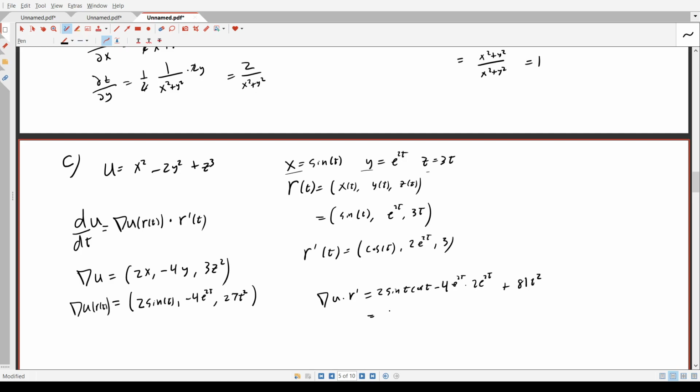So I simplify, this is sine of 2t minus 8e to the 4t, because they're multiplied so I add the exponents, plus 81t squared. And that's my answer.